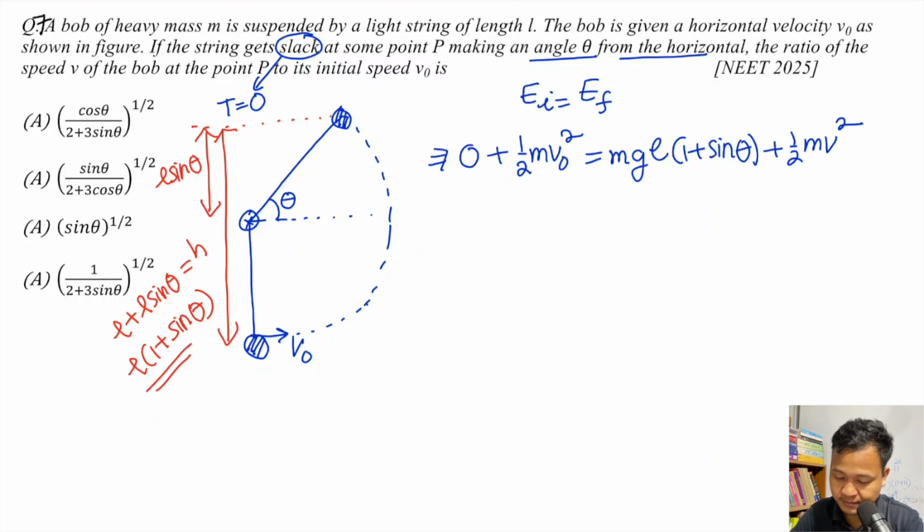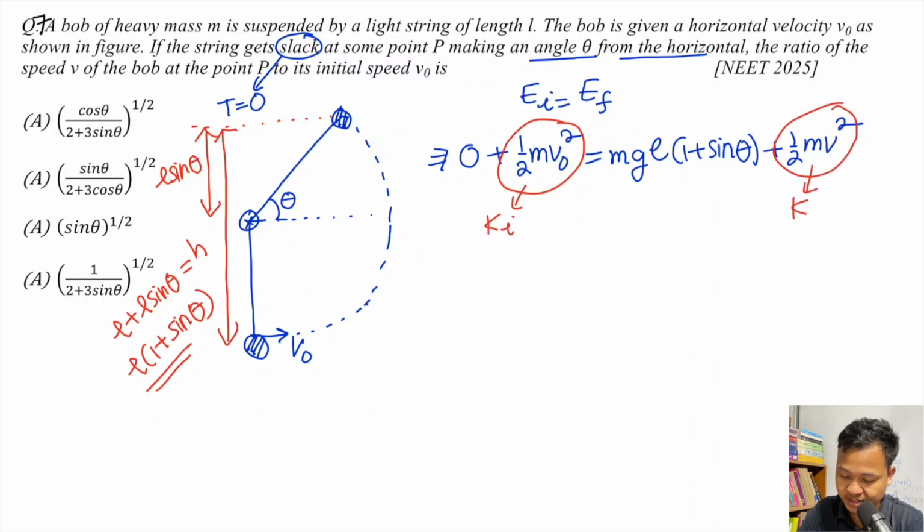Here I can do one thing: multiply and divide by 2. Otherwise, see here, what is this? This is the initial kinetic energy, initial KE, and this is the final KE.